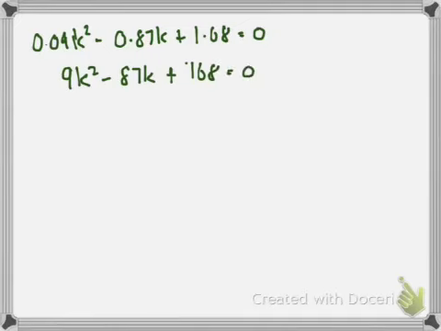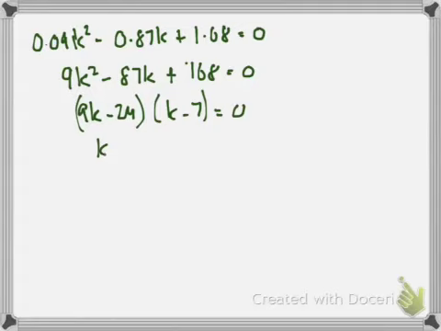equals naught. That can actually be factorised into 9k minus 24, k minus 7 equals naught, so k equals 24 on 9, or 7. K must equal 7, since the variable is discrete, so we can eliminate 24 on 9.